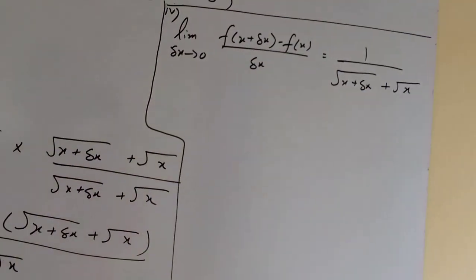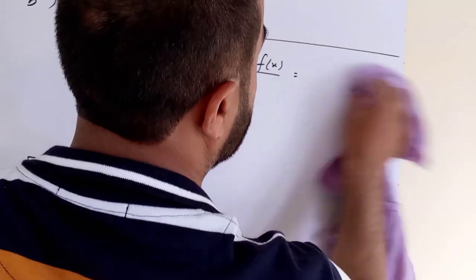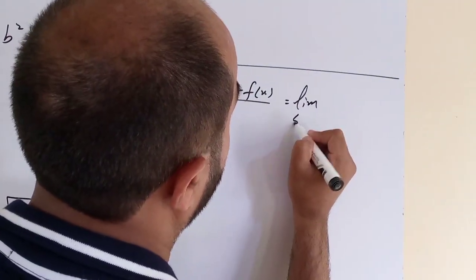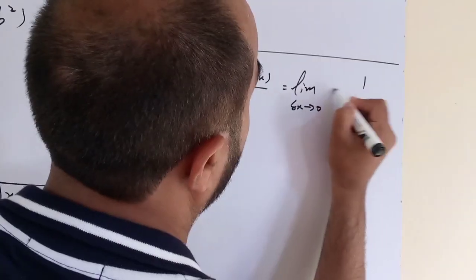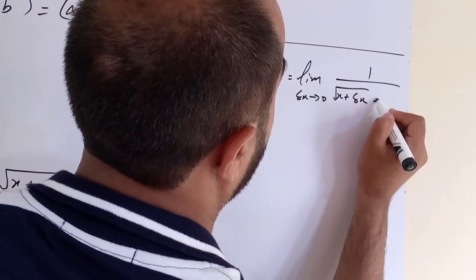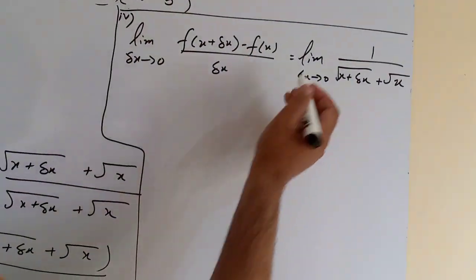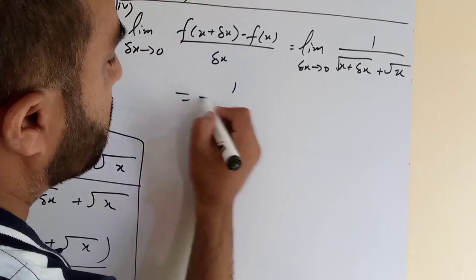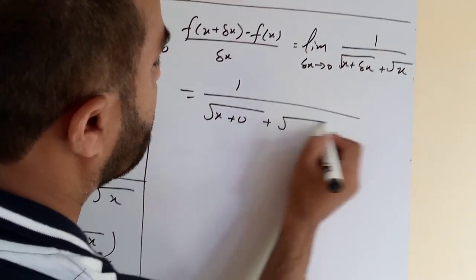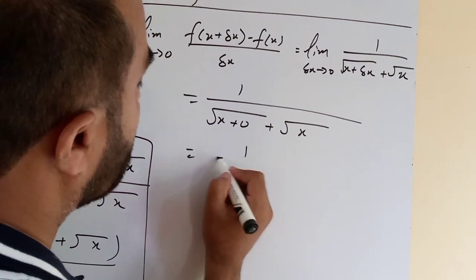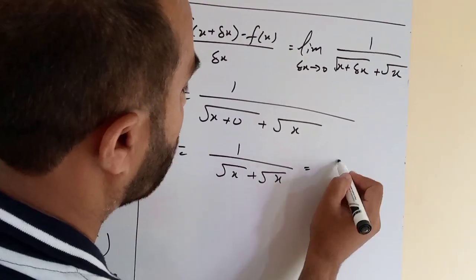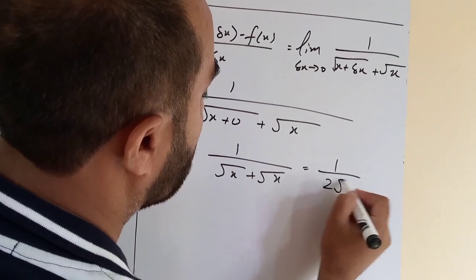Sorry, I forgot, here we have to write the limit: limit delta x tends to 0 of 1 over square root of x plus delta x plus square root x. Now apply the limit. We get square root of x plus 0 plus square root x, so it will be 1 over square root x plus square root x, which is 1 over 2 square root x.